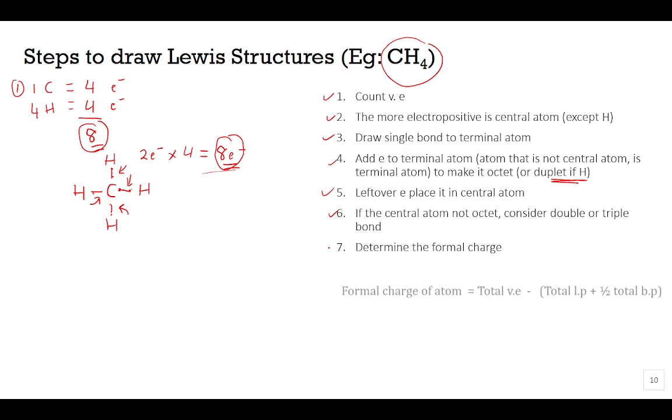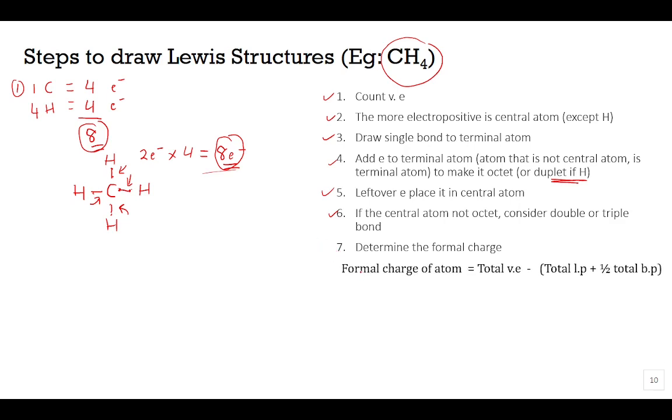Okay, next one, determine formal charge. To calculate formal charge, you need to use this formula: total valence electron minus total lone pair plus half of total bonding pair electrons. What does this mean? Let's look at hydrogen here. We want to calculate the formal charge of hydrogen. Total valence electron for hydrogen is 1, minus total lone pair. How many lone pairs? 0.